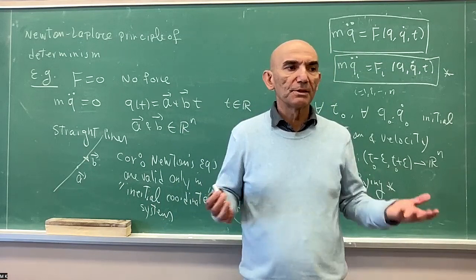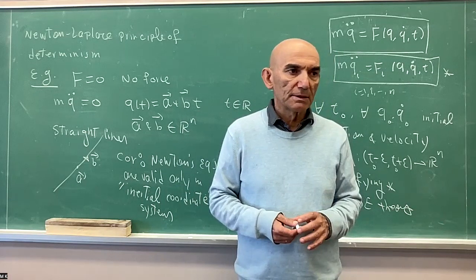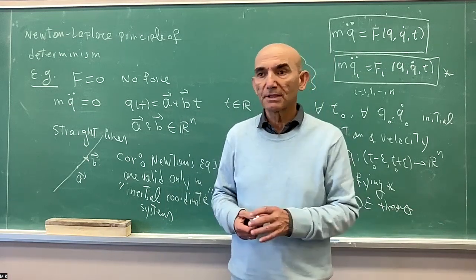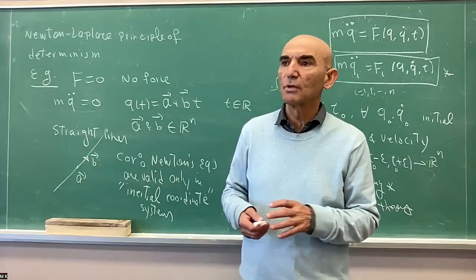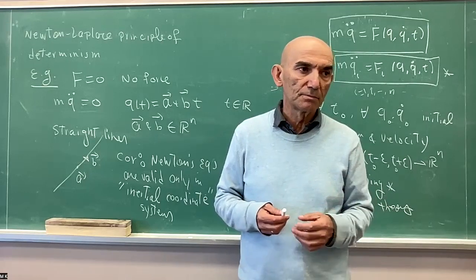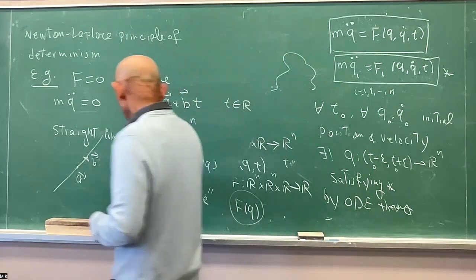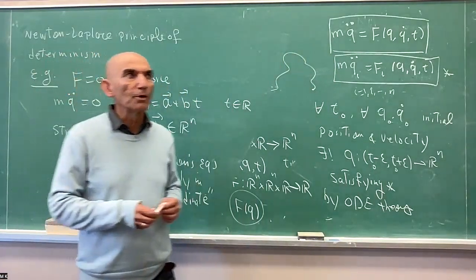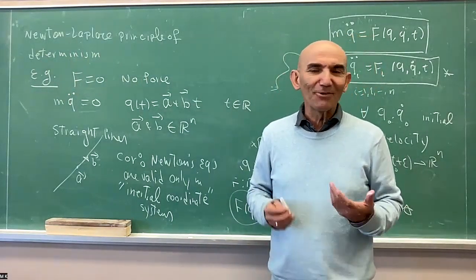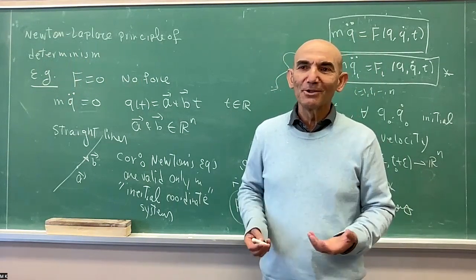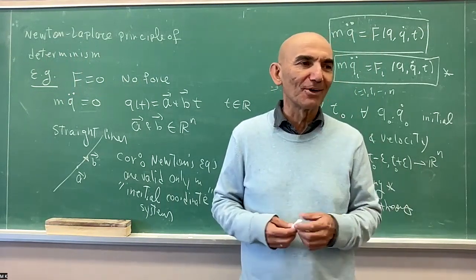There are no forces you can attribute this to in your coordinate system, because you're not in an inertial system in that case. Your system with respect to, for example, Earth is not inertial. You are in a non-inertial system. Now, this is a very important concept, inertial system. And you might ask, what is the definition of an inertial system? Well, the definition of an inertial system is a system in which Newton's equations hold, and only those systems are.